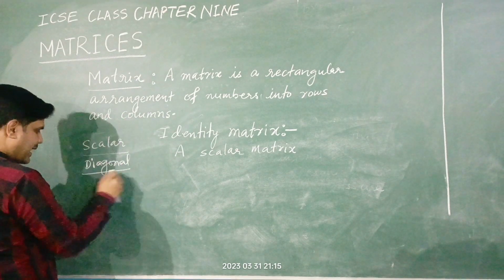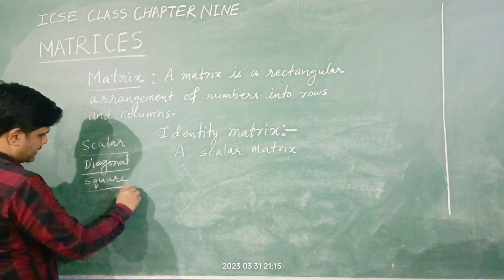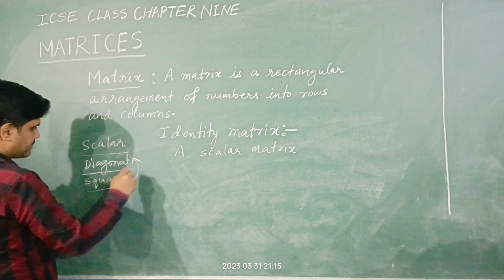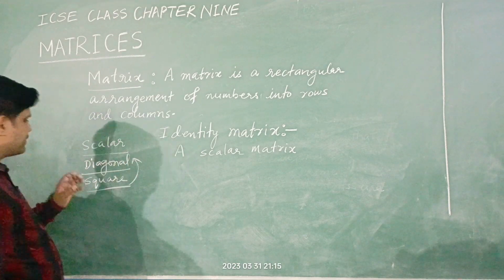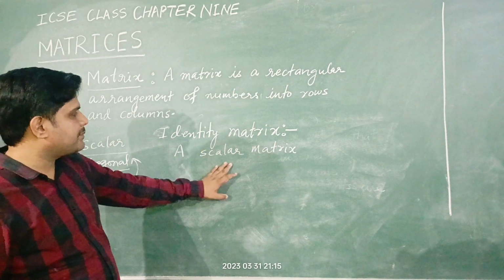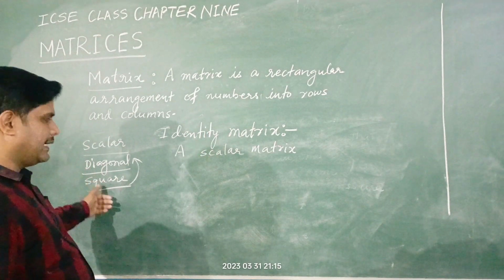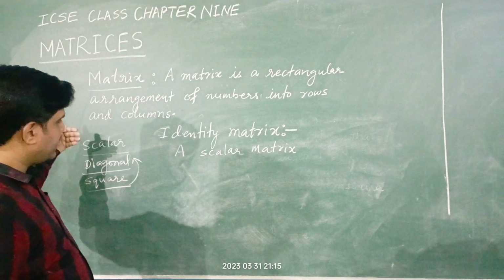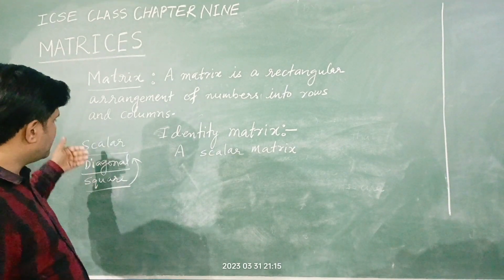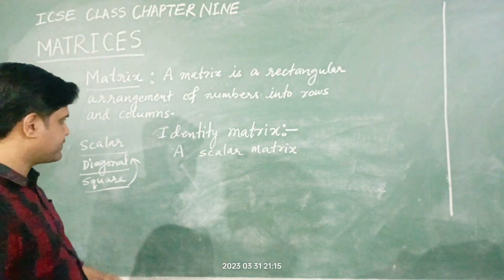And in order to be a diagonal matrix, it has to be a square matrix, because diagonal matrices are possible only in case of square matrices. So when I say scalar matrix, the hidden meaning is that it is a square matrix, it is a diagonal matrix, and it is a scalar matrix. Scalar I have already written, so it's square and diagonal both, that is satisfied here.